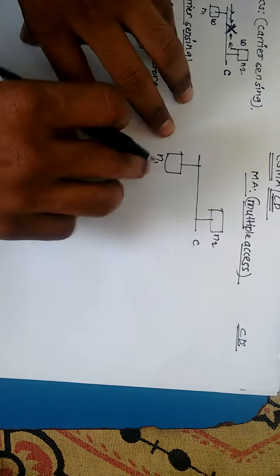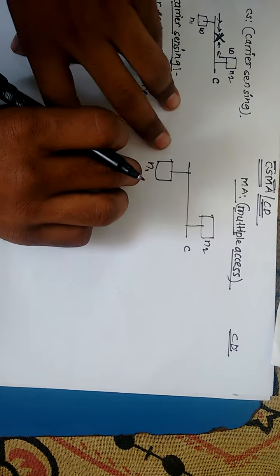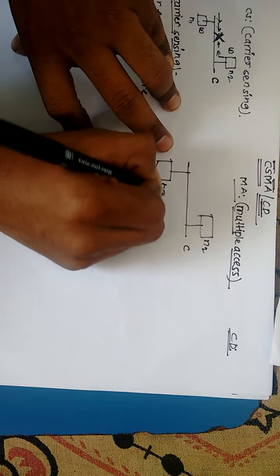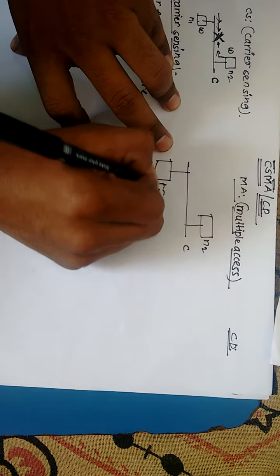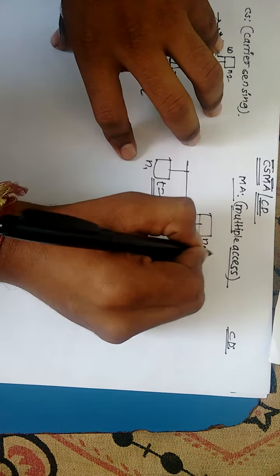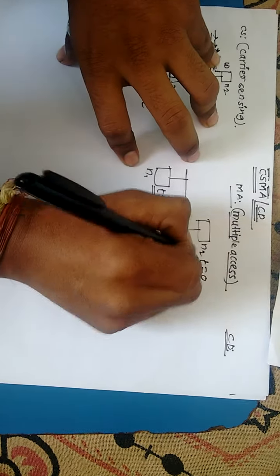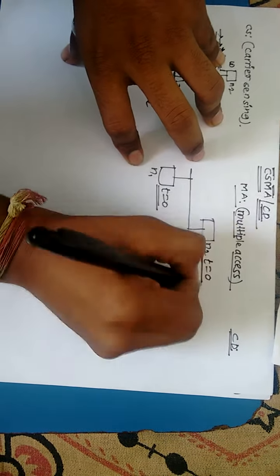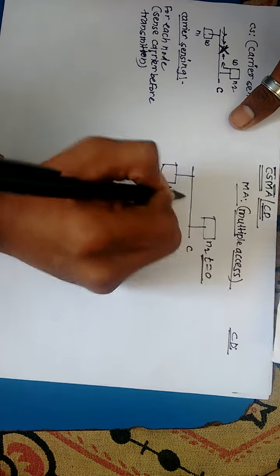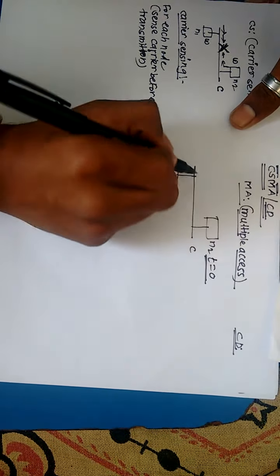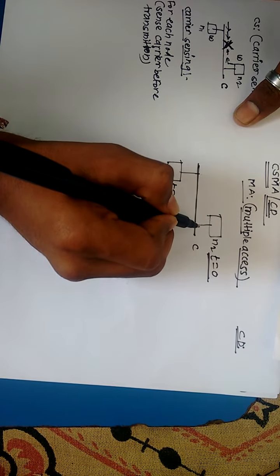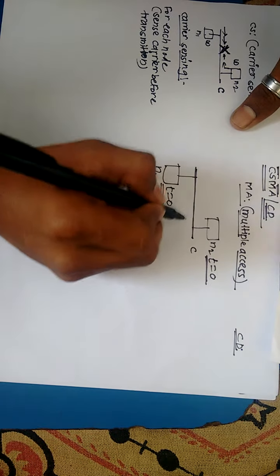Say node N1 senses the carrier at time t equals 0, and at the same time N2 also senses the carrier at t equals 0. Both nodes are sensing the carrier at the same time.